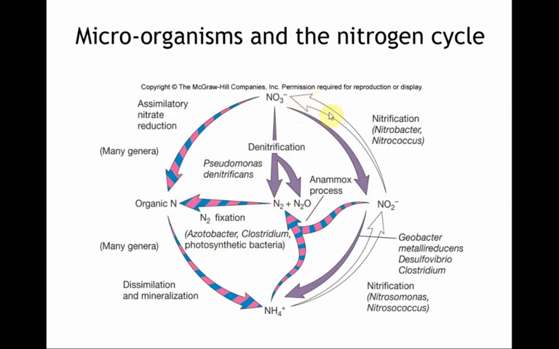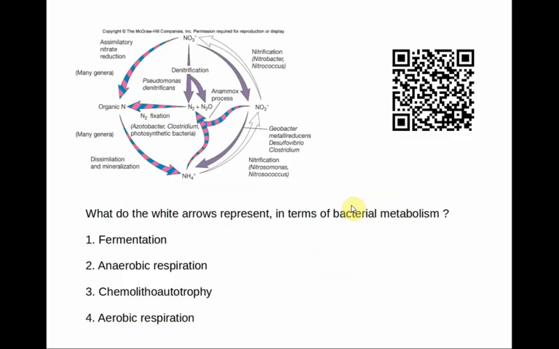Now, this is for using nitrogen in biomolecules. These other processes are transforming inorganic nitrogen from oxidized to reduced forms as part of the energy metabolism of the bacterium. And that's really what the arrows are about, okay?